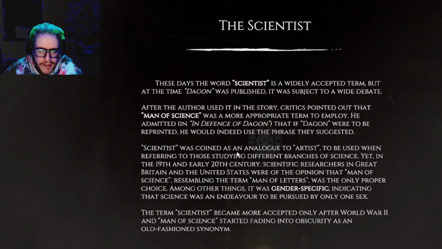Scientist was coined as an analog to artist to be used when referring to those studying different branches of science. Yet, in the 19th century and early 20th century, scientific researchers in Great Britain and United States were of the opinion that man of science, resembling the term man of letters, was the only proper choice.